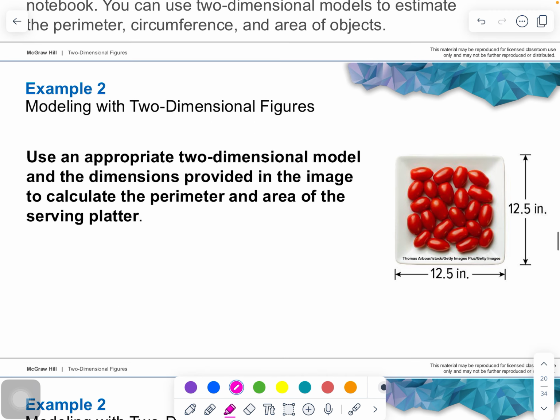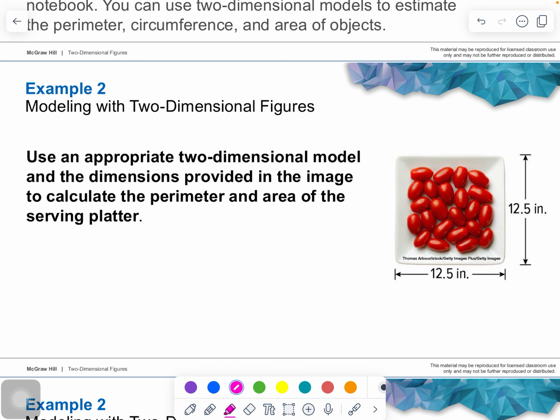So what that means is we have an object that we want to know information about, and we're going to model it up. We're going to do our best guess, an approximation, using a two-dimensional model.